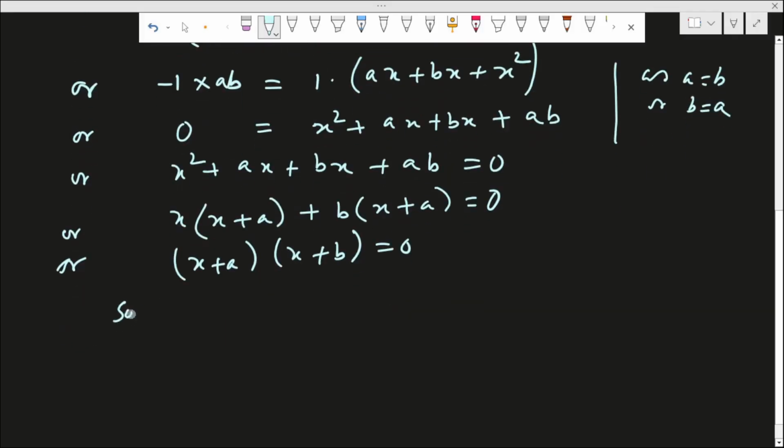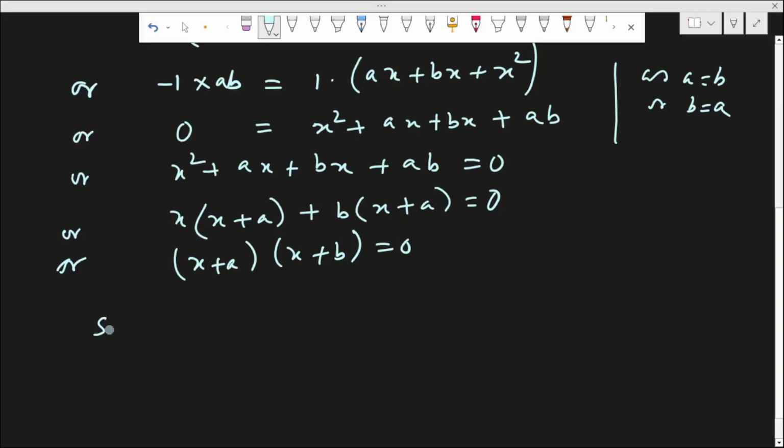So see, in the left hand side there are two factors and the right hand side is 0. As the right hand side is 0, at least one factor is 0, or all factors are 0, or more than one factor is 0.